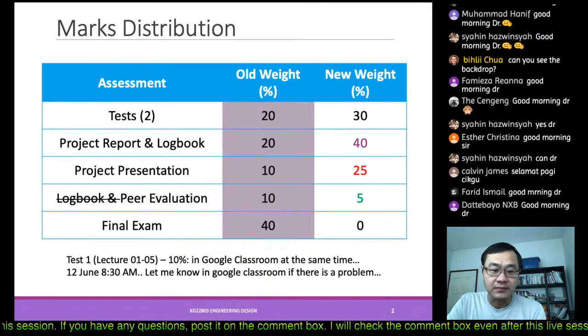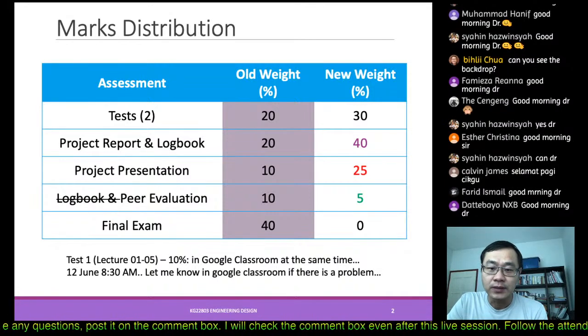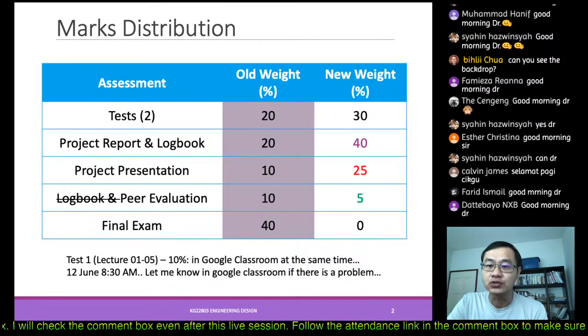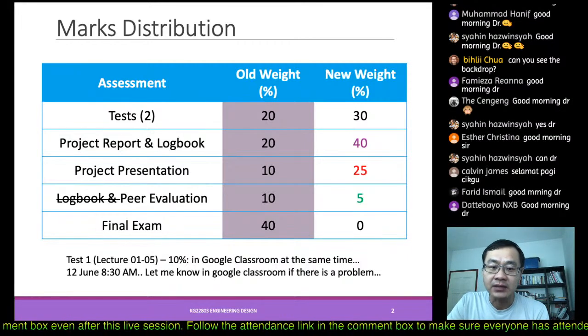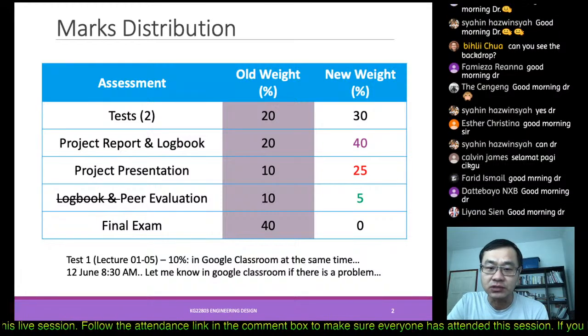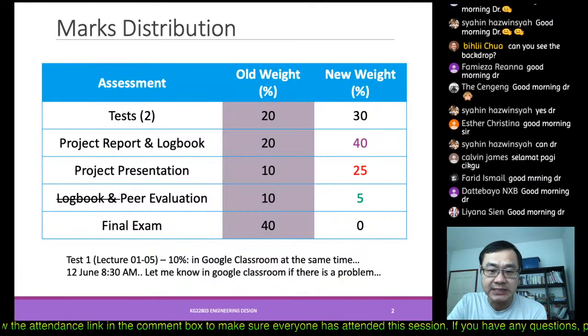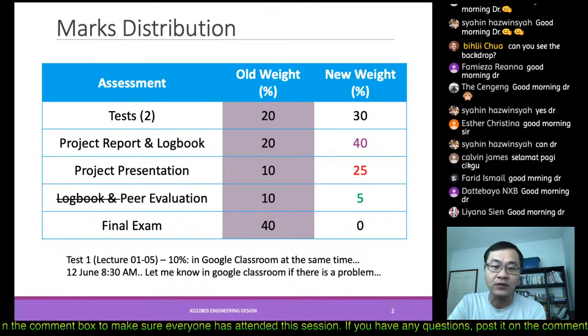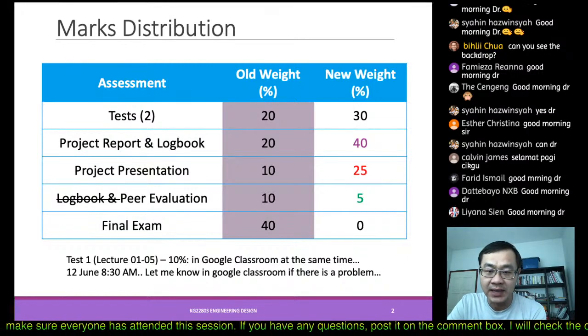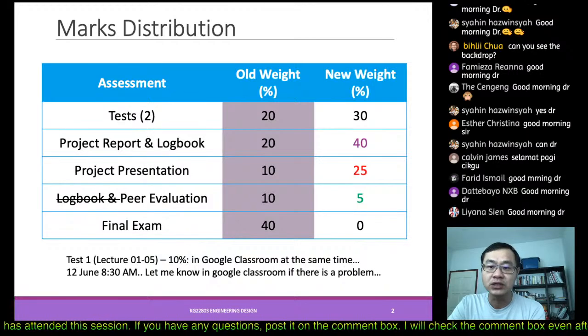So make sure you register in the Google class. I saw there are still 2 names not there, right? So make sure you register in the Google class. We will do the test next week, 12th June, 8:30 a.m., in the Google Classroom.